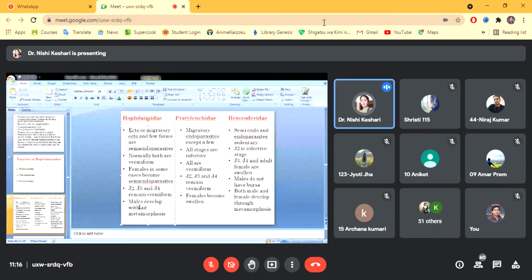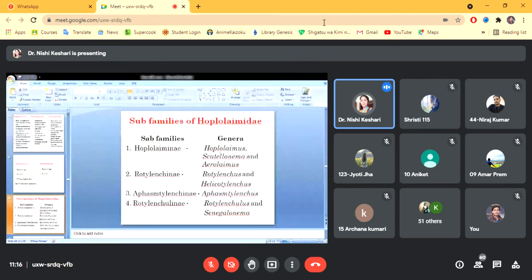Now the Hoplolaimidae, this is not important for you. Then the subfamilies of Hoplolaimidae. This slide is also very important. In Hoplolaiminae, what are the genera? Hoplolaimus, Scutellonema, and Aorolaimus. In Scutellonema, as I told you, the phasmids become very large and are called scutella.